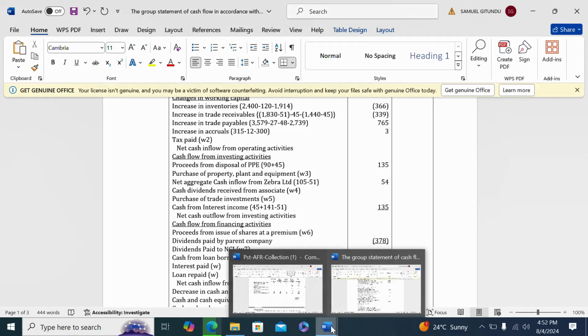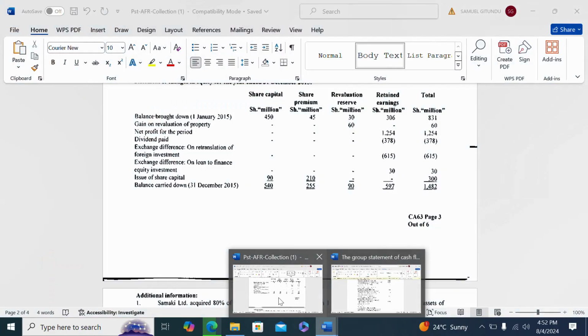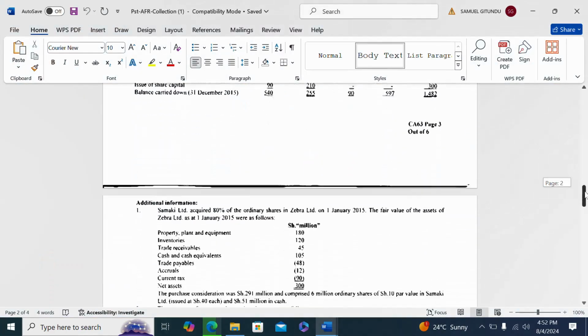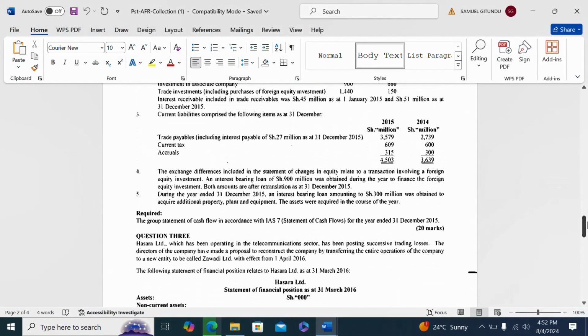From the last additional information, we have been told that an interest-bearing loan of Shillings 900 million was obtained during the year to finance the foreign equity investment.